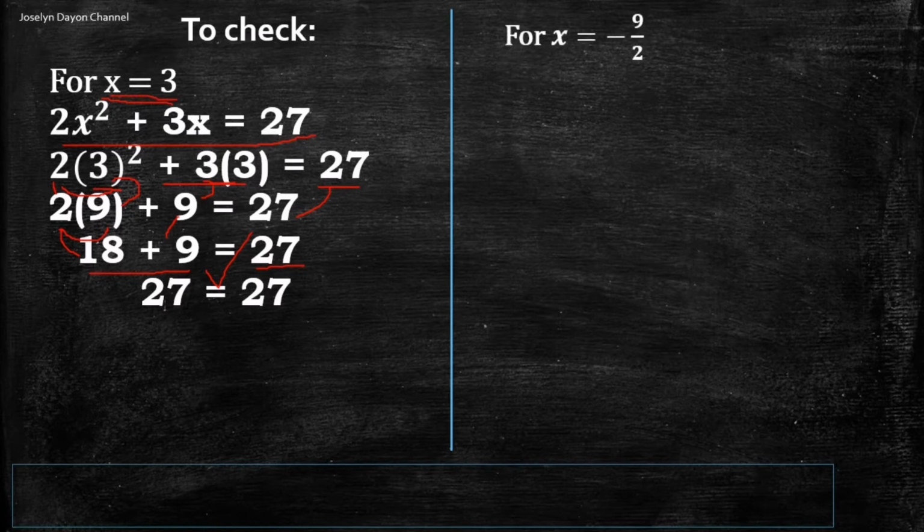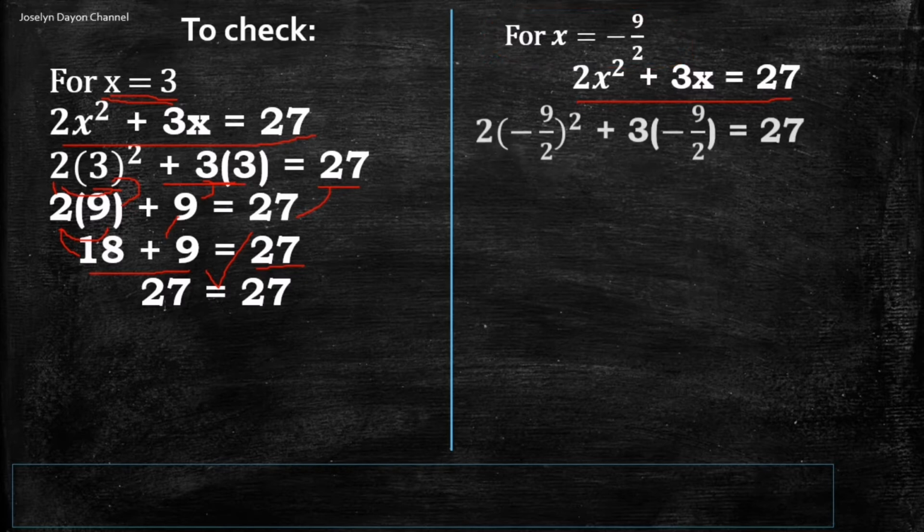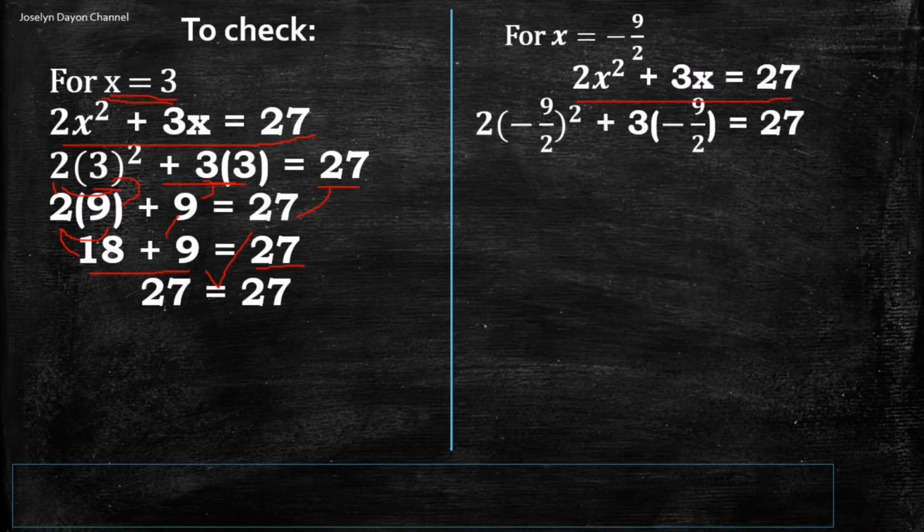Now, we are going to check for x equals negative 9 over 2. Same process. Copy the given equation. Next, substitute the value of x by negative 9 over 2. So we have now the resulting equation, 2 times the quantity of negative 9 over 2 squared plus 3 times negative 9 over 2 equals 27.